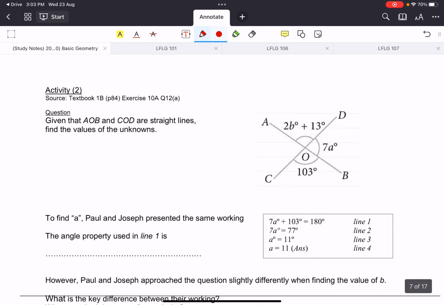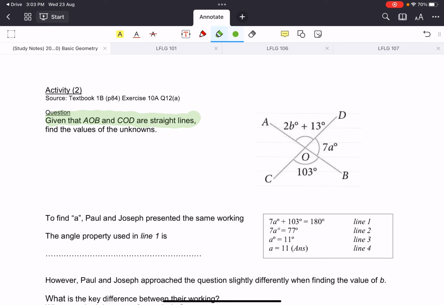Right, here's the next activity. Here we are told that AOB and COD are straight lines. This is an important piece of information because we are told that they are straight lines. So now we can actually use some of the other techniques such as vertically opposite angles as well as angles on a straight line. In this case, if I want to find the value of A, what can we do?